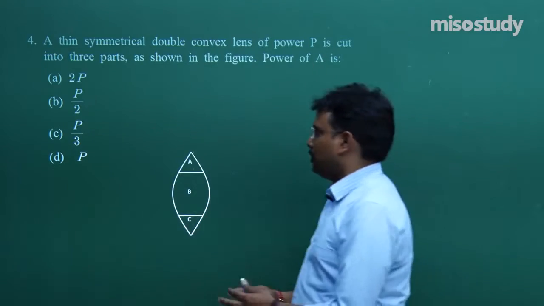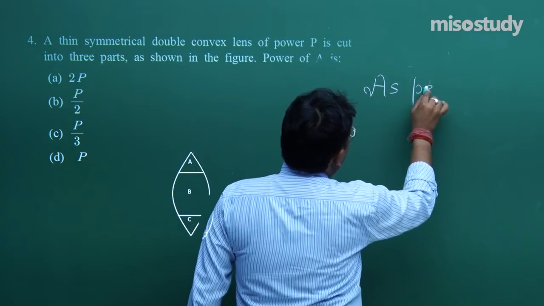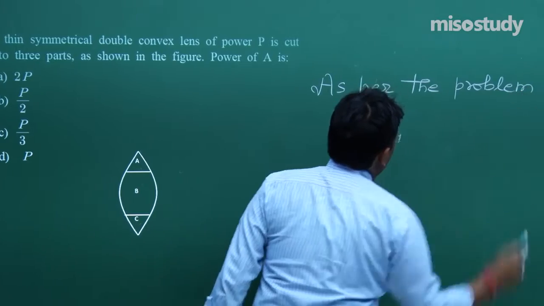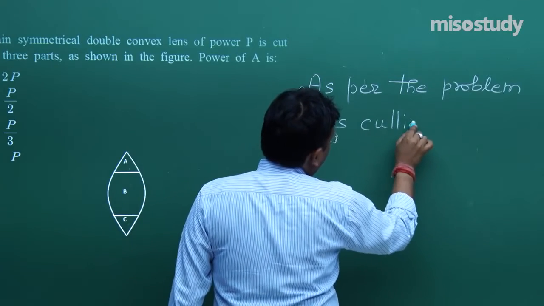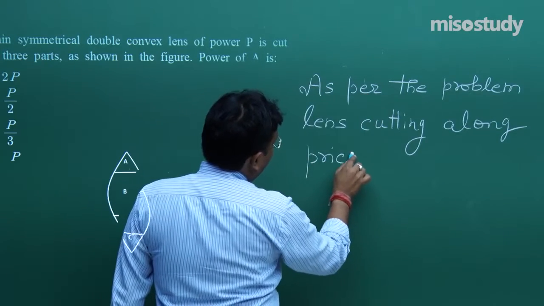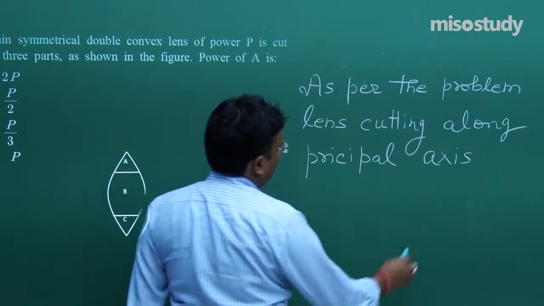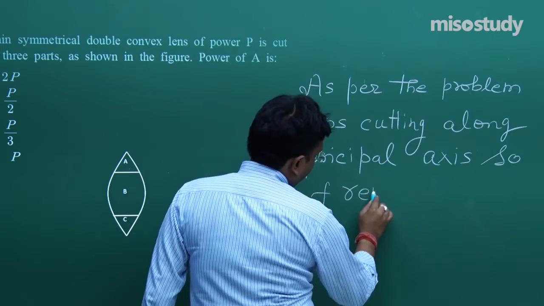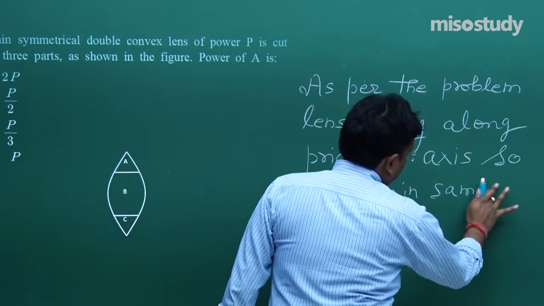So, let me write down this entire statement. As per the problem, the lens is cut along the principal axis, so f, that is the focal length, remains the same.